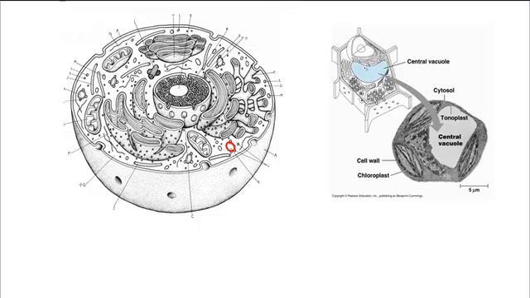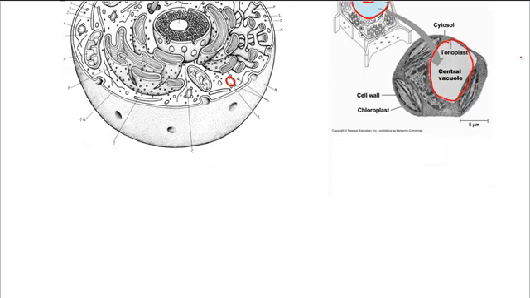In a plant cell, they can be as big or even bigger than the nucleus. They can sometimes be the biggest structure. So remind you that this is a plant cell vacuole, whereas this is an animal cell vacuole, much smaller in comparison.